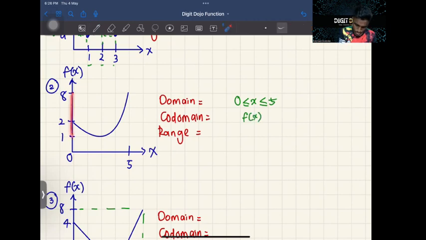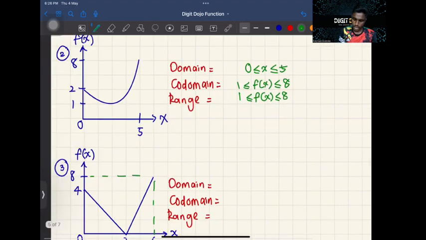What is the lowest point of the graph? It's 1. What's the highest point of the graph? Maximum 8. So the range for the codomain is more than or equal to 1, less than or equal to 8. And for range, we just copy the same thing because it's a continuous function. It's the same as the codomain.